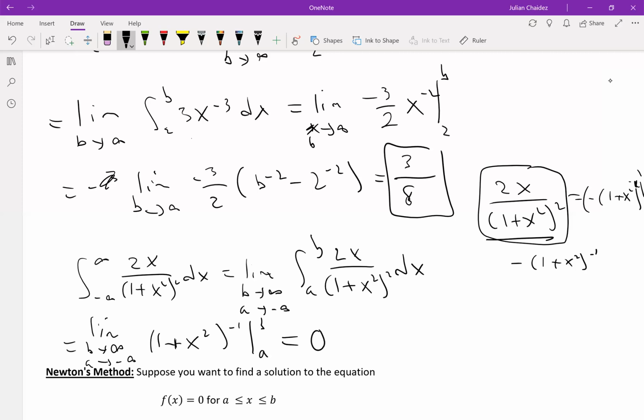So technically, I guess this thing would be 0. You know what? Let's just stop it there. So basically, this ends up being 0 if you take both of these limits, but I think it's a little bit weird to think about that.